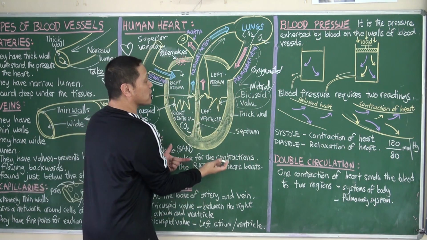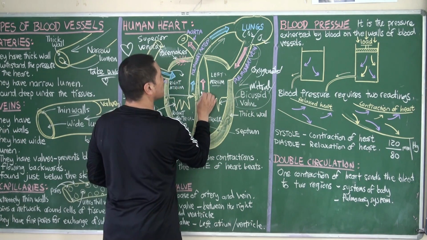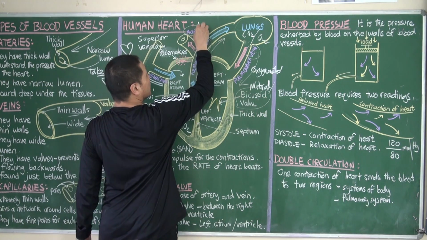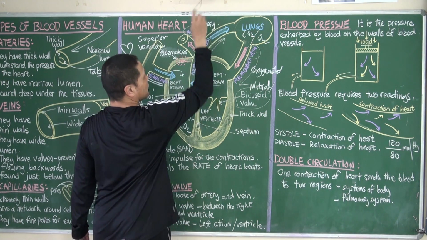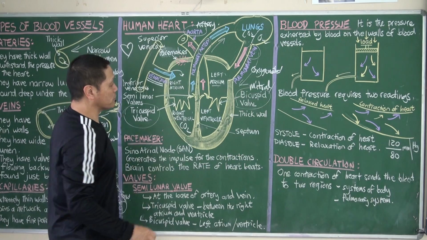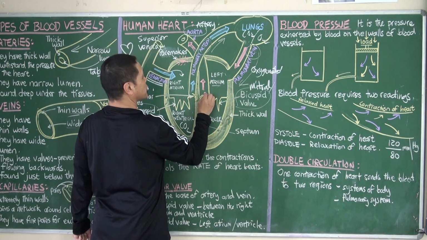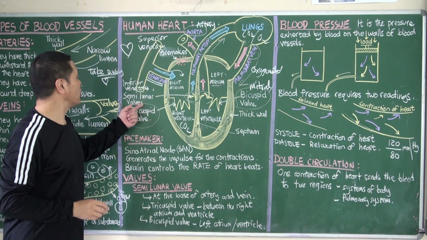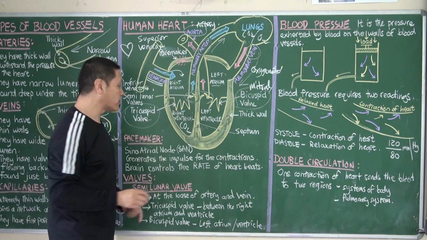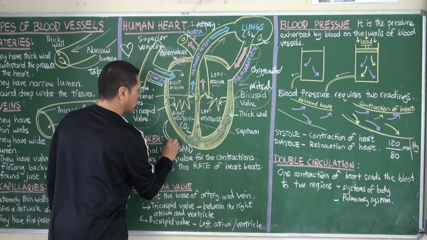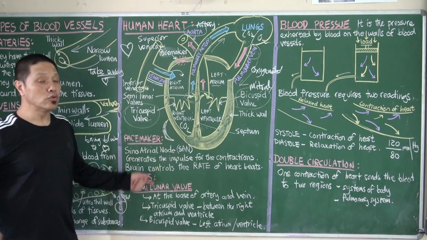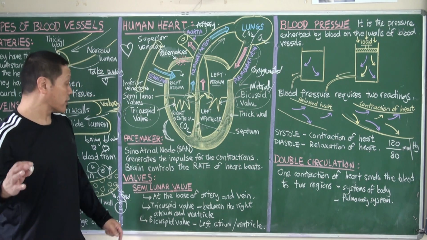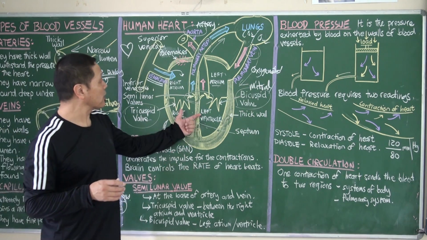From here, when the ventricles contract, it pumps the blood through the aorta, which is the main artery of the body, of the circulatory system. From here, it passes through these valves known as semi-lunar valves. They're called semi-lunar because they appear like a crescent-shaped moon. Okay, therefore semi-lunar valves. All right, so that's the basic working of the heart.